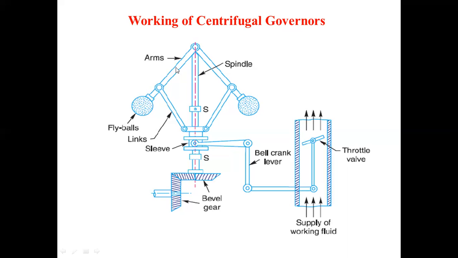The balls are attached to the upper arms, and these upper arms are pivoted on the spindle. These two arms are hinged at a common pivot point on the spindle. This is about the construction of this centrifugal governor.